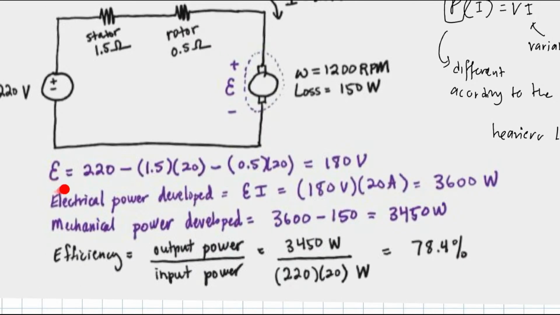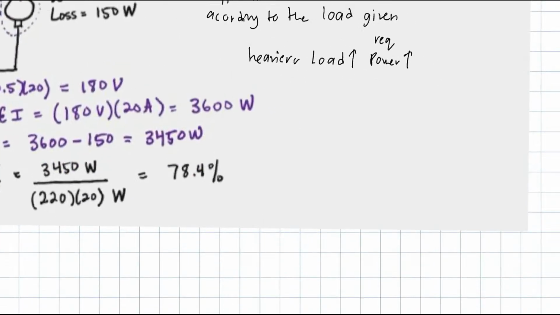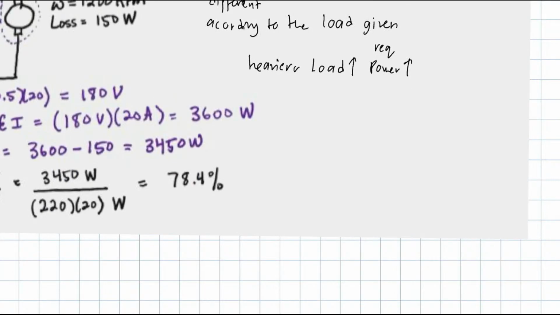So this is the EMF, 220 minus... this is the series, we put it on top, E equals V minus I times R field plus RA.